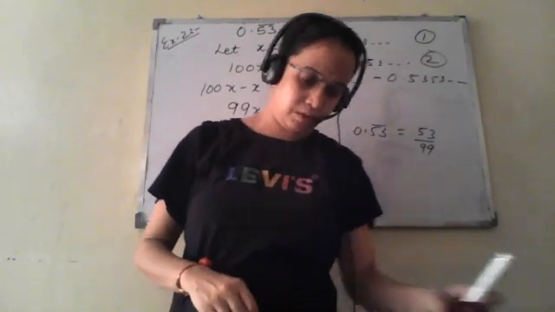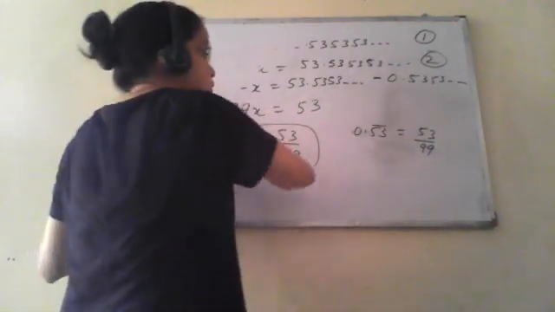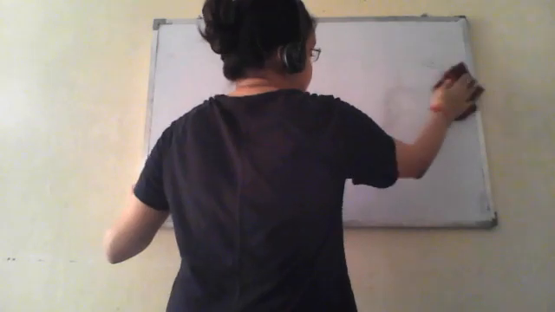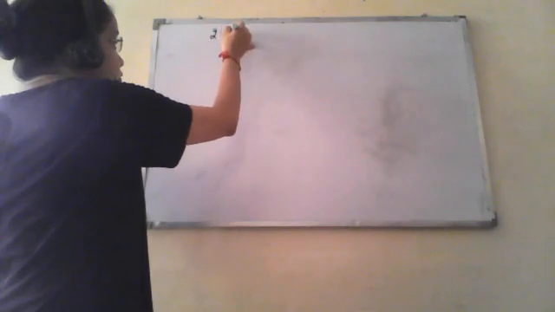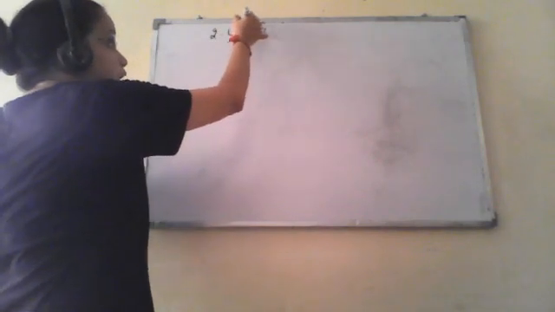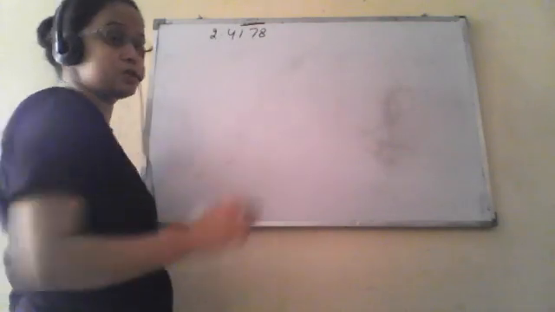Now we will take one more example. I hope this is clear how to convert these terminating and non-terminating decimal expressions into the form of p upon q. We will take one more example so that this concept will become clear to you. So it is 2.4178 bar. Now there is a bar on 3 digits and this 4 is not under the bar.